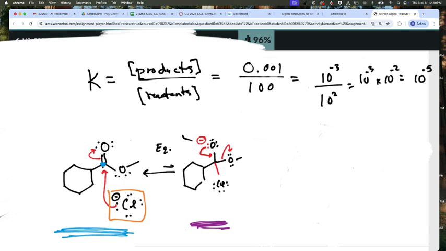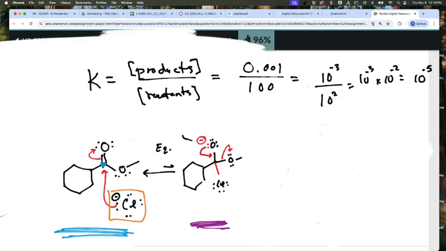How do we calculate K? Concentration of the products over the concentration of the reactants. Can I have a negative concentration? No, that doesn't make sense, which means all of our numbers are going to be positive when we talk about K. So when we're looking at answer choices, if they're giving an answer that says negative or less than 0, that's wrong. It can't be that.